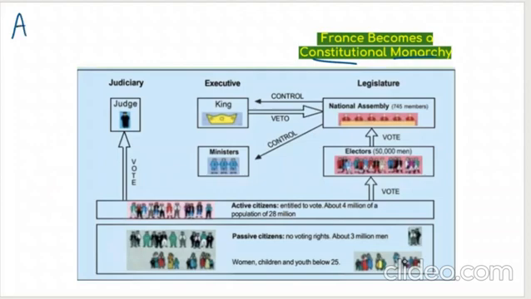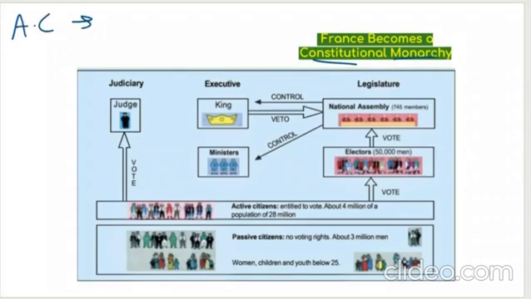Okay, so I'll write it over here. Active citizens means about 25 years old and men only. No women were allowed. So about 25 years old and paying regular taxes. Those are the active citizens, and they could give votes. Out of a population of about 28 million, about 4 million were active citizens.